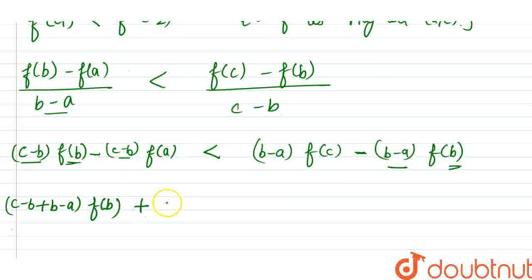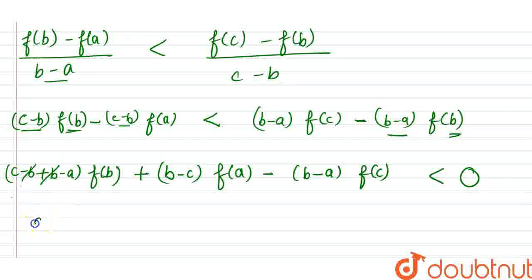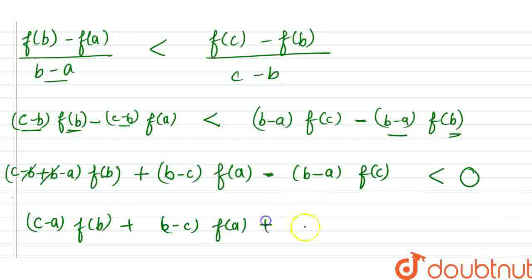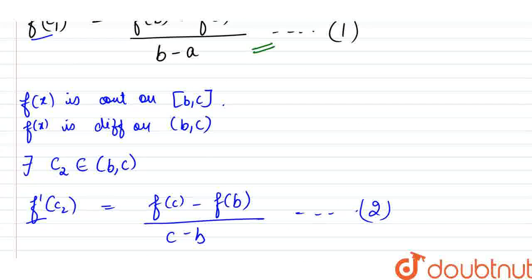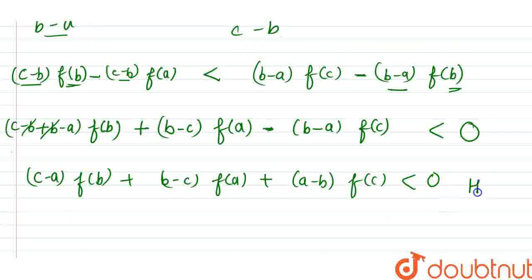So this will become plus b minus c times f of a, and on the LHS that will become minus of b minus a times f of c less than 0. So the final answer that we have is c minus a times f of b plus b minus c times f of a, and on multiplying the minus, this becomes a minus b times f of c less than 0. And this is what we needed to prove in the question. So we have proved the same here. So this is the answer.